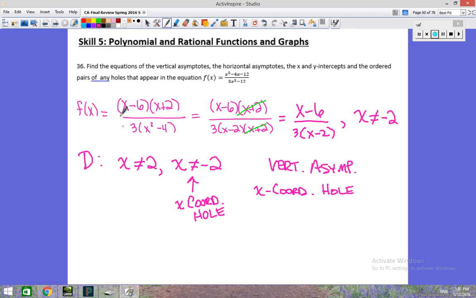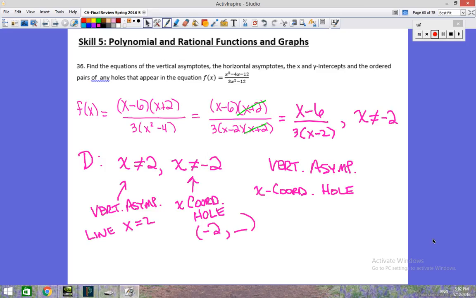At x equals +2, we're going to put in a dashed line to represent a vertical asymptote, because this guy in factored form remained in the denominator, and so the line, the vertical asymptote, is a line, and the equation of that line is x equals 2. Alright, so the hole has an x-coordinate of -2, and we're going to have to figure out what that y-coordinate is.